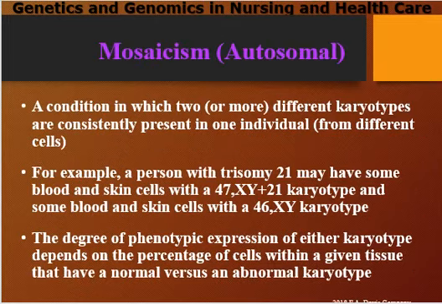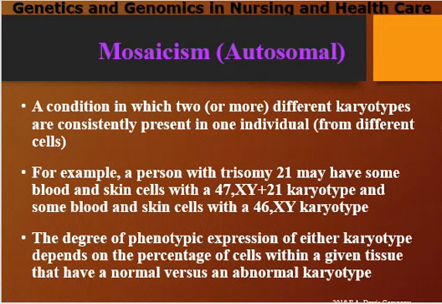So mosaicism, autosomal mosaicism, sorry, this can be hard to say, is a condition in which two or more different karyotypes are consistently present in one individual from different cells. The phenotype expression is variable.